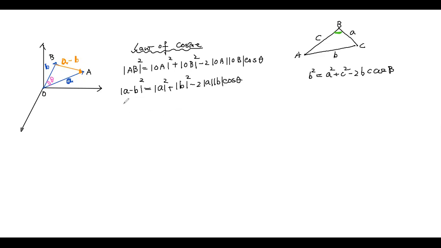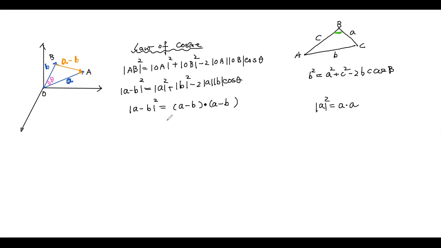Now, from before, we know the A minus B squared means A minus B dot A minus B. That's what we said: the length squared is A dot A. So we do the same thing here.